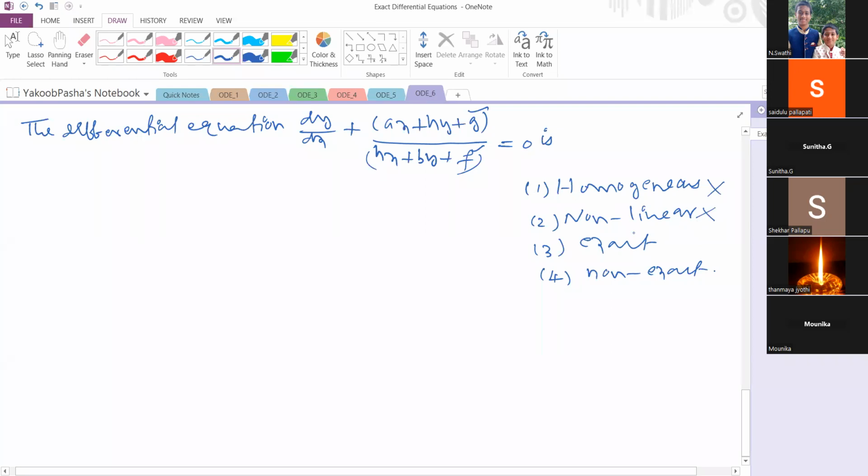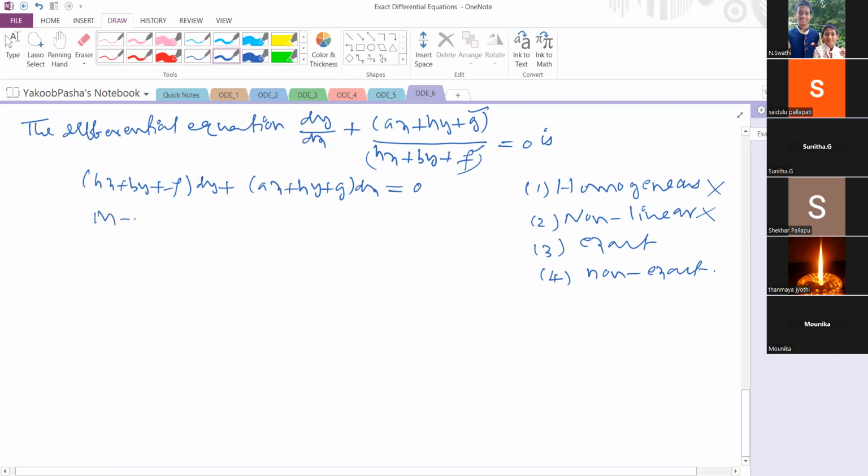Now we need to check exactness. We are writing this differential equation as (hx plus by plus f) dy plus (ax plus hy plus g) dx is equal to 0.